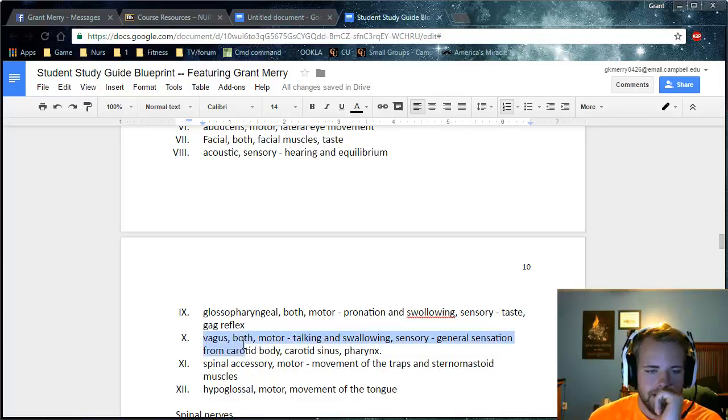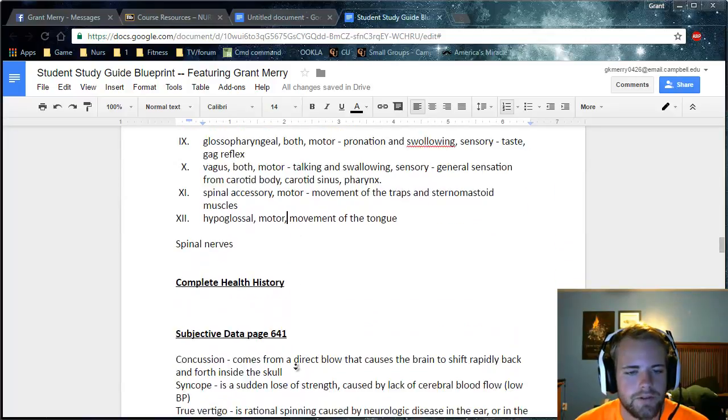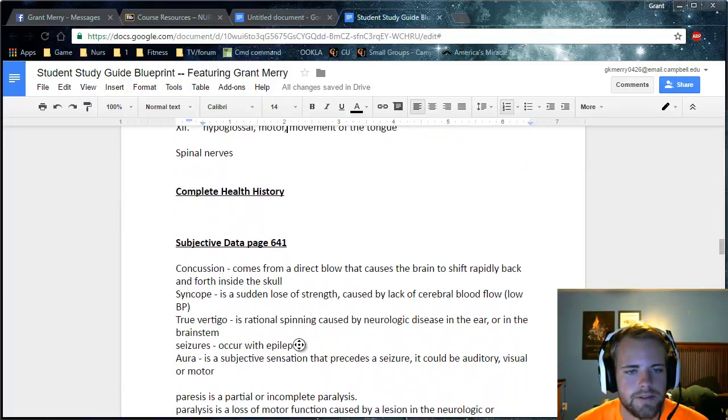There's a crass way to remember these, but I will not put it. I will say to feel very good, vagus nerves and hypoglossal nerves. I guess if you're reaching inside of the brain or something.